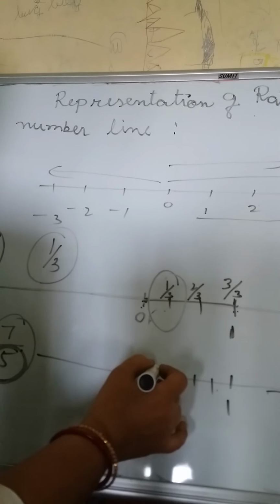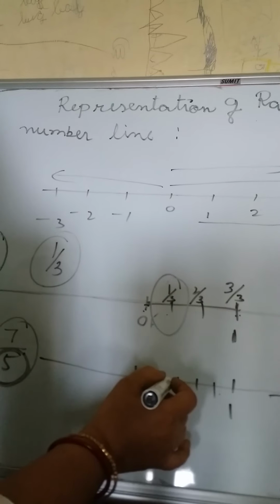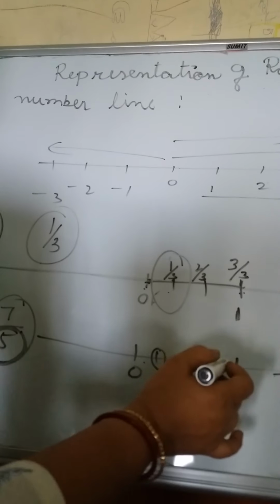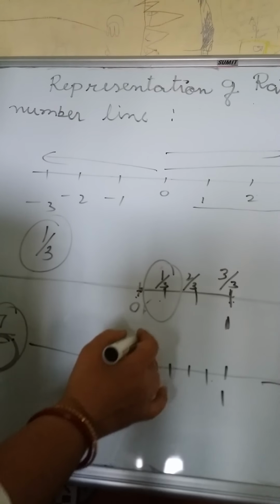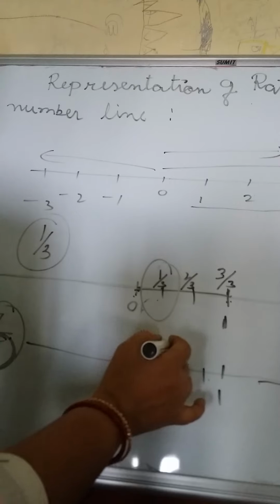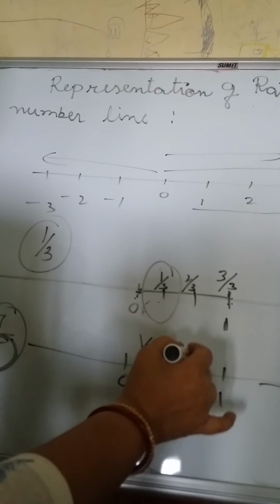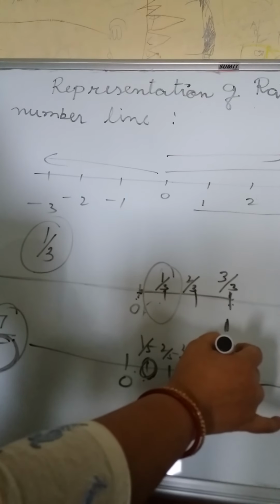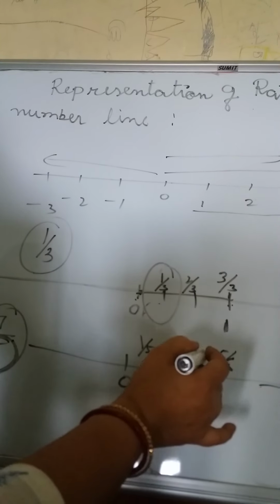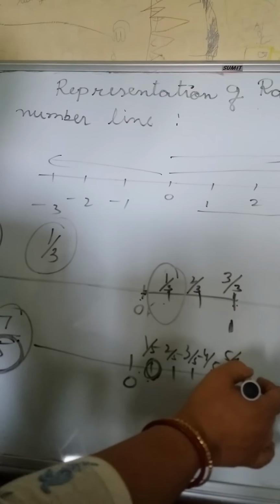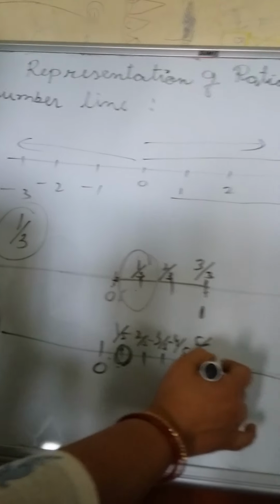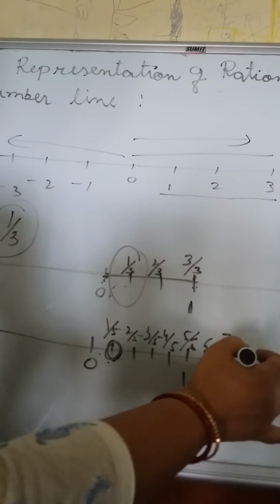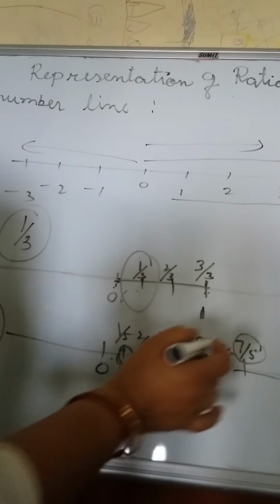Now I have divided it in 5 equal parts, and each part is 1 by 5. So this is 1 by 5, this is 2 by 5, this is 3 by 5, this is 4 by 5, this is 5 by 5, meaning 1. If we continue on this line, the next point I'll get is 6 by 5, and here it is 7 by 5.